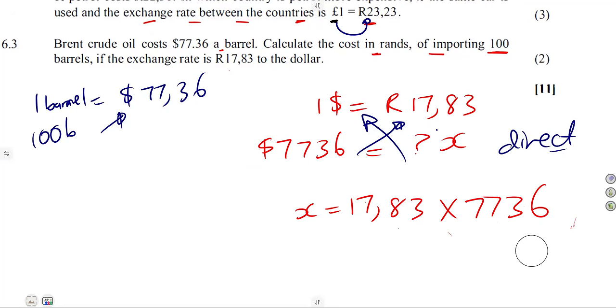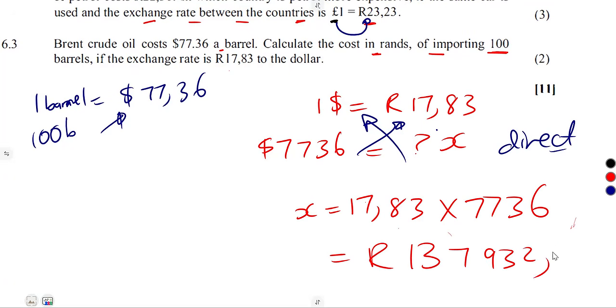So you're going to have the total in rands. That was going to be 137,932.88 to 2 decimal places. So just try to play around with these typical questions. You see that they do repeat these questions.